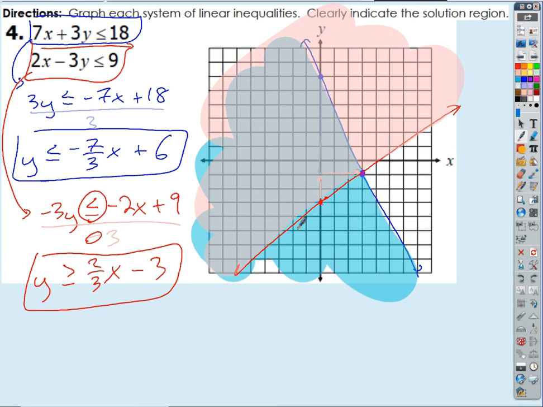Right, because this is a solid boundary that's inside the blue region, agreed? So that would be included. That borderline would be included also because it's the blue boundary that's in the red region. So that, and then everything inside that, right? So all this stuff. Make sense? Okay, that's it.